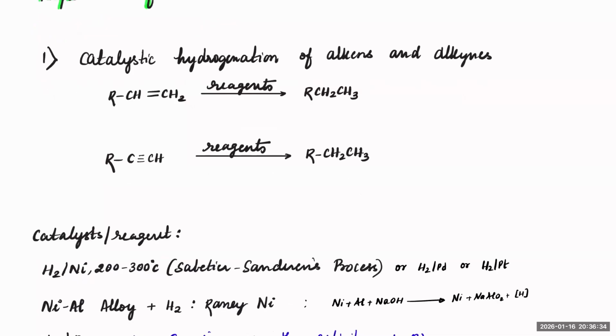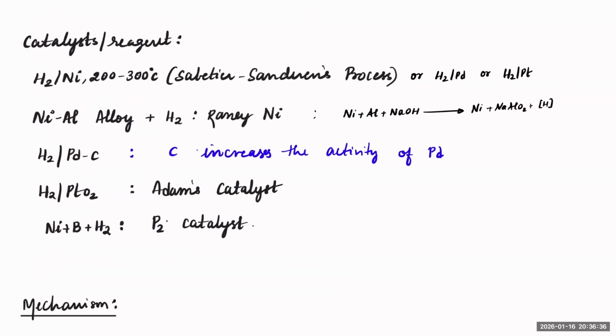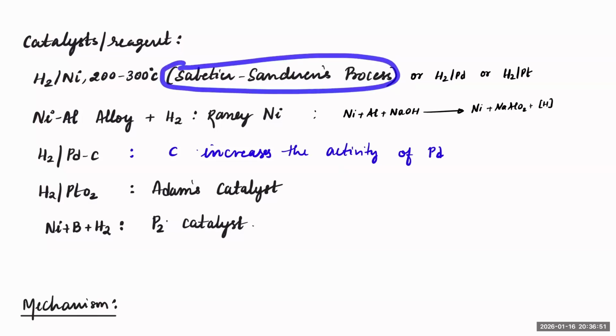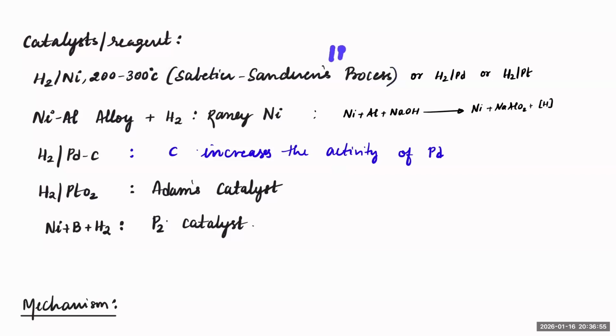Which are those reagents? See, typically hydrogen gas, when it gets adsorbed on the surface of a metal like nickel, palladium, platinum, that is called the Sabatier-Senderens process. At relatively high temperature, you will get radicals of hydrogen which can connect onto alkenes and alkynes, thus giving an alkane.